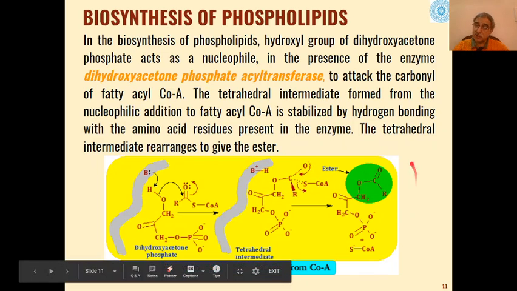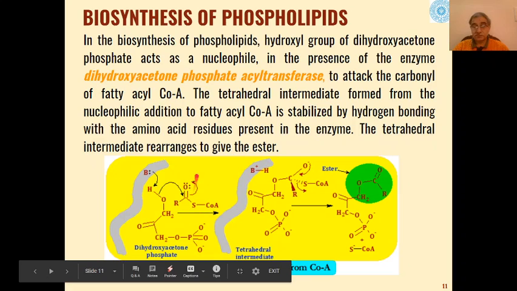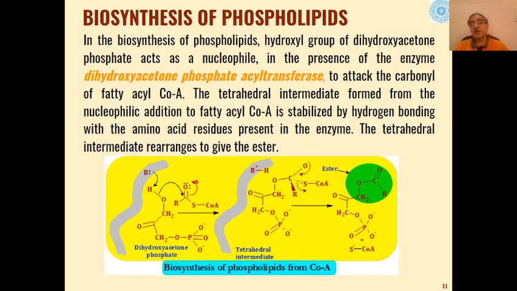So this is how the dihydroxyacetone phosphate will be converted into a phospholipid. So basically the reaction is this OH part and this acyl part will form an ester linkage.